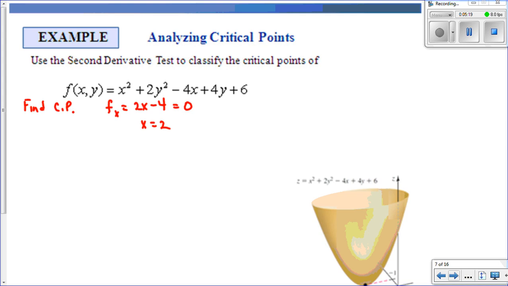We also need the partial derivative with respect to y to be 0. The partial with respect to y is 4y plus 4. That will be 0 when y is negative 1. So for both of these partial derivatives to be 0, x must be 2 and y must be negative 1. So we have one critical point.